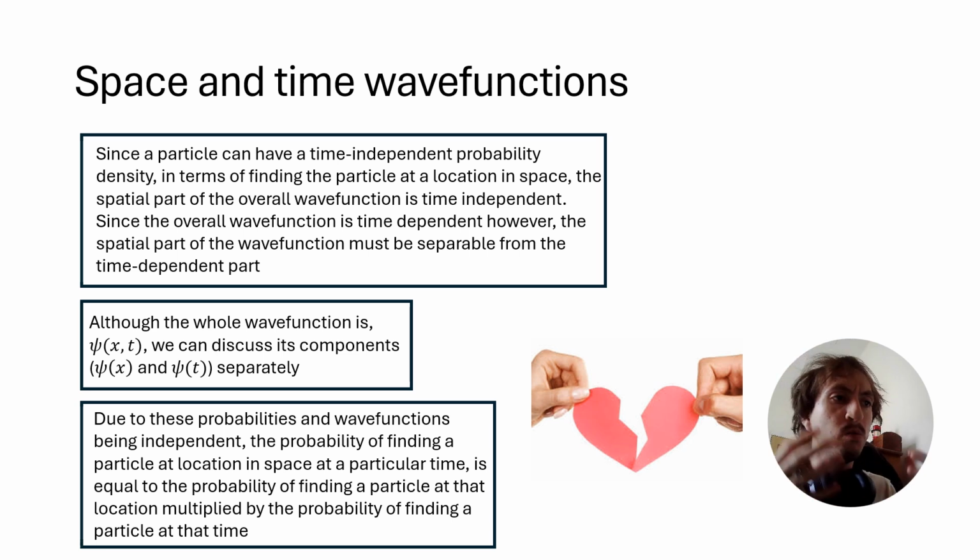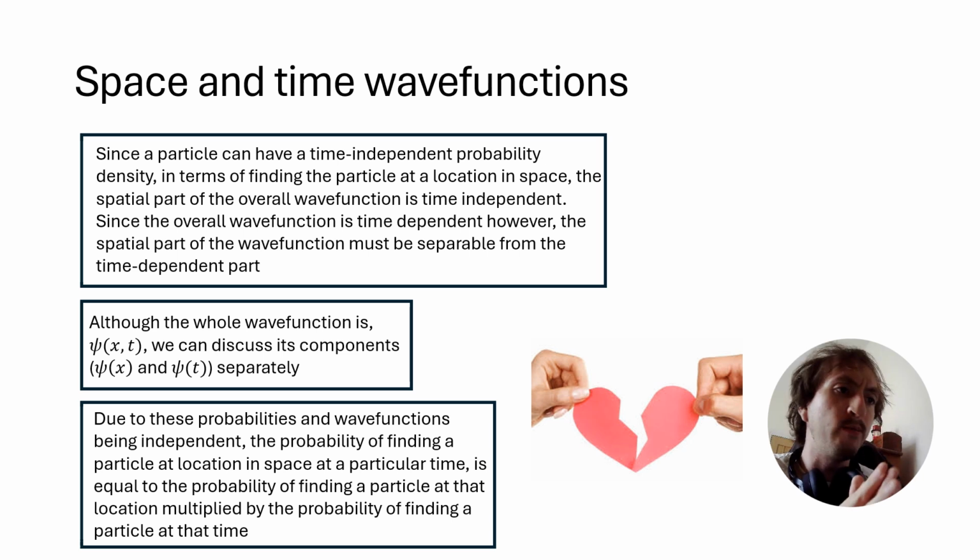And so we would expect, therefore, that we get the overall probability of finding a particle at a particular point at a particular time. In other words, we get the magnitude of psi of x and t all squared by multiplying the probability of finding our particle at position x by the probability of finding our particle at time t.